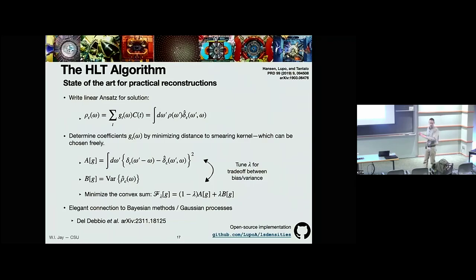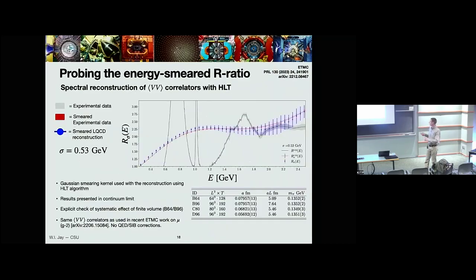Okay, this algorithm isn't really what I want to talk about today, but I wanted to say something about it in order to show this next slide. The next slide is an instantiation of the idea from the first slide with the R ratio. This highlights very nice work by the European Twisted Mass Collaboration published in 2023.